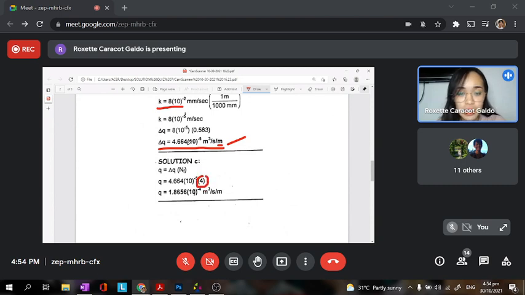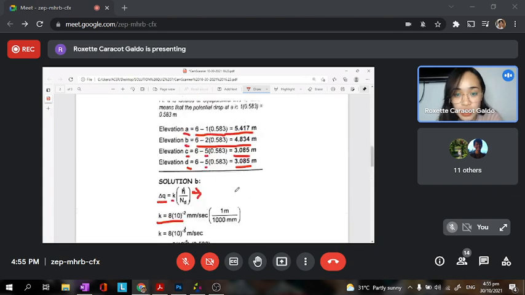So 4.664 is the seepage rate of one flow channel, and there are four. Multiplying by 4, the total seepage rate of our permeable layer is equal to 1.8656 times 10 to the negative 4 cubic meter per second per meter. So that is question number 1.